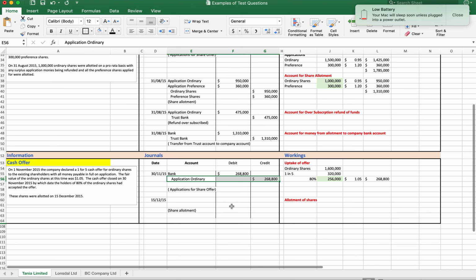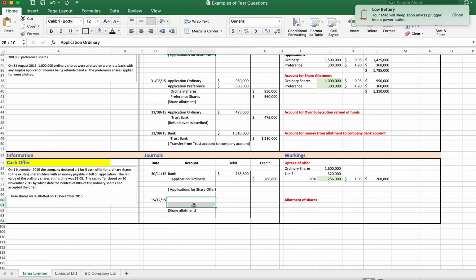So the next thing we do is on the 15th of December, after the close off. We've been receiving money right up until the cut-off date, the 30th of November. On the 15th of December, what we do is what we offered, and that is to issue the shares.